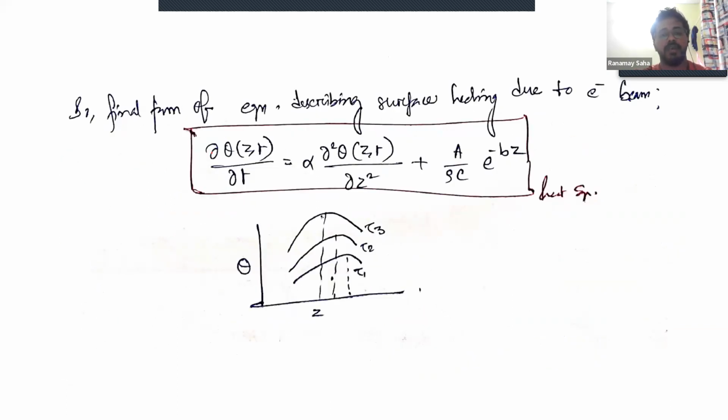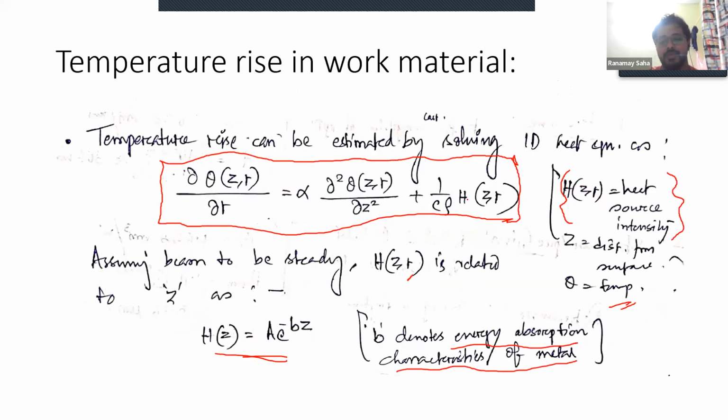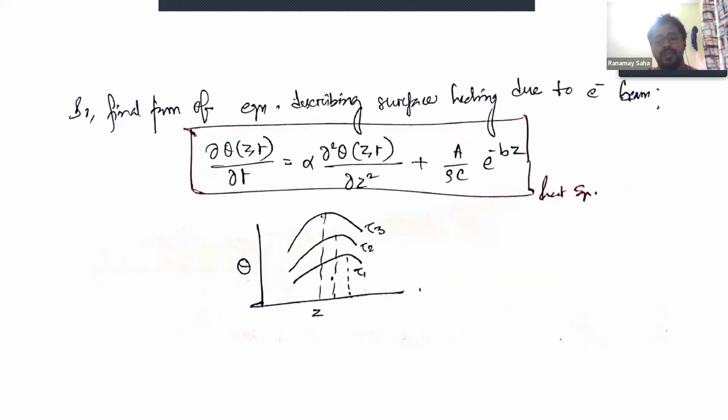It varies in this way: ∂θ(z,t)/∂t equals thermal diffusivity multiplied by ∂²θ(z,t)/∂z² plus A by rho C, a constant, times e to the power minus Bz. As said, B defines the energy absorption characteristics of the material.